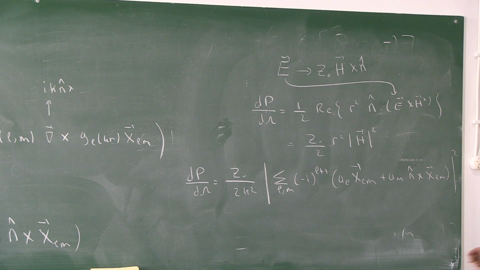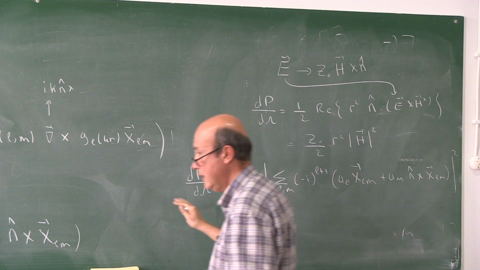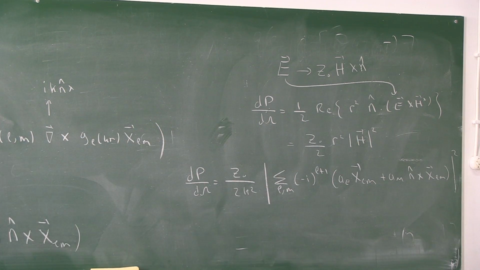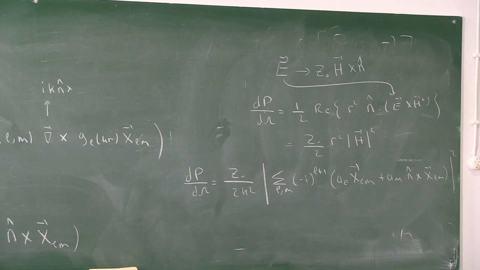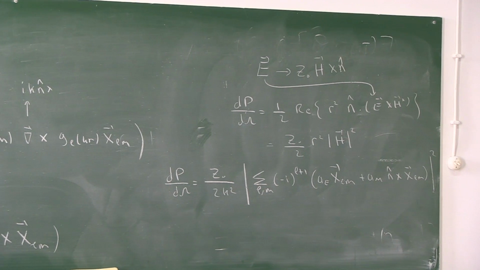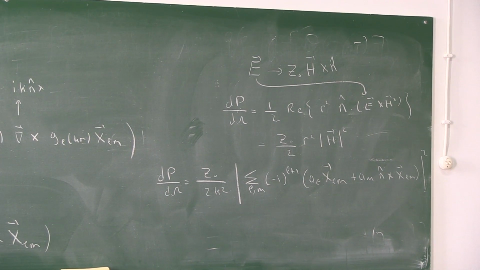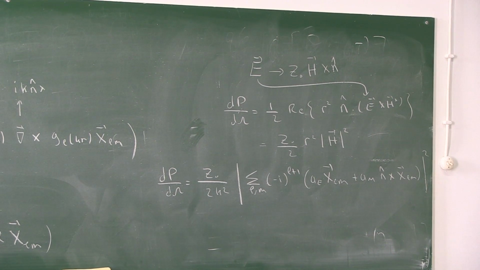So basically, the first thing today is the power emitted per solid angle, and next we will try to solve for the coefficients if this wave equation is non-homogeneous, if there are sources.